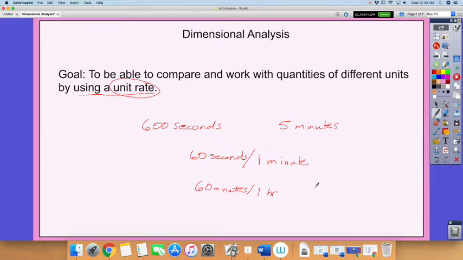Now, we may have to reverse this, and we may have to write it as 1 minute over 60 seconds. That's okay, it's still a unit rate because it still has that 1 unit. What's going to determine how we write it is based on what our starting value is.